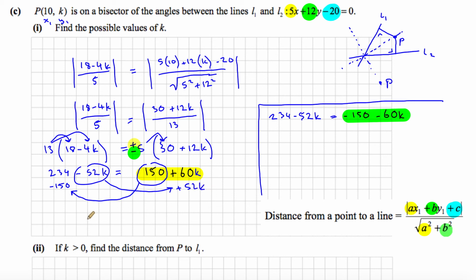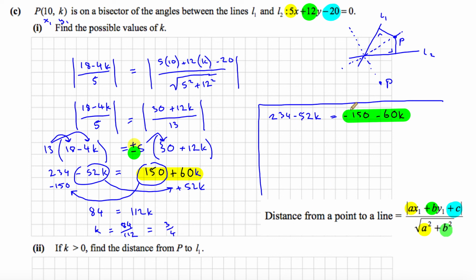So we end up with 84 on the left is equal to 112k. Okay. So k is equal to 84 divided by 112. So 84 divided by 112 is 3/4. So that's our first k value.